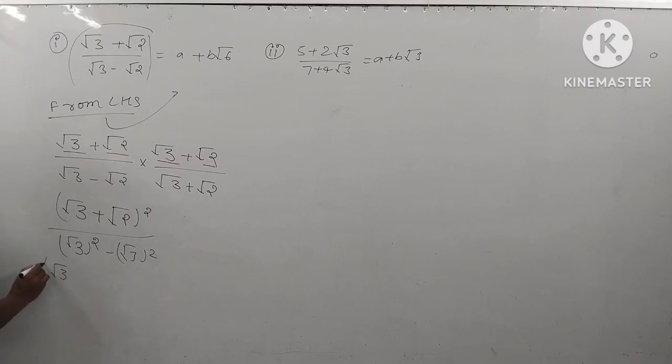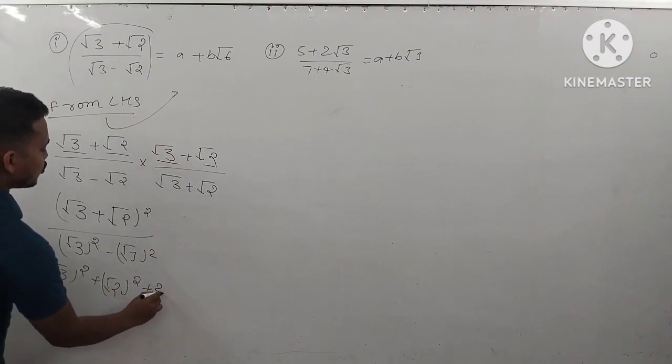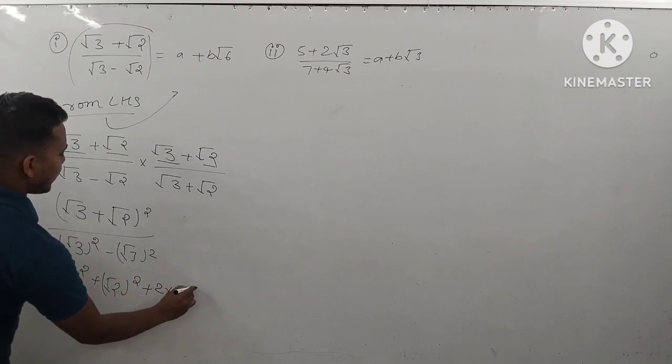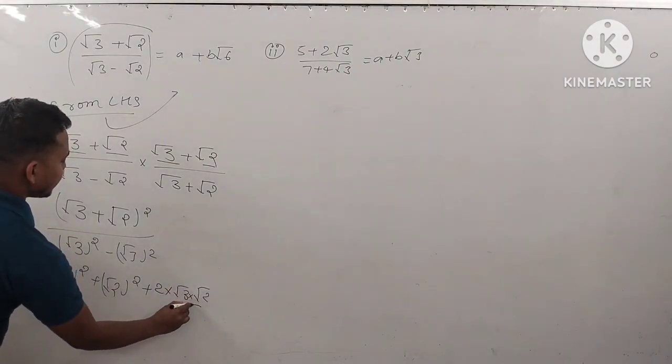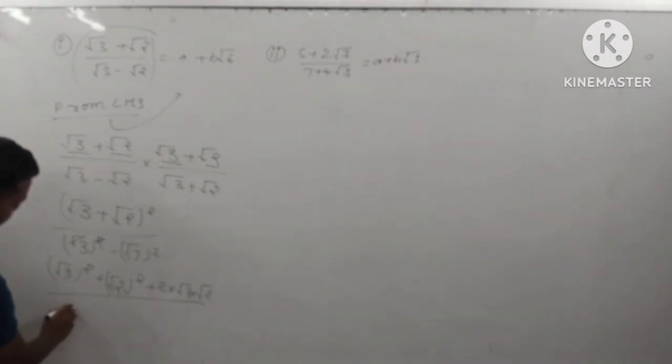Here root 3 is in the place of a. The square of root 3 is 3, and the square of root 2 is 2.